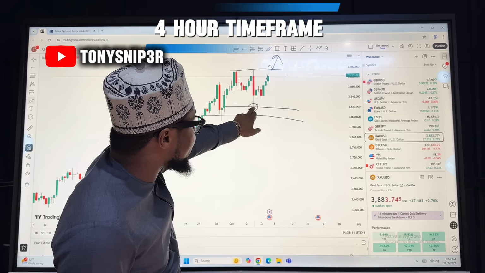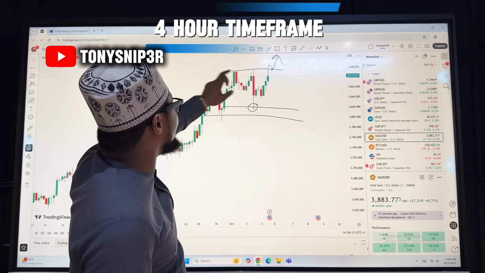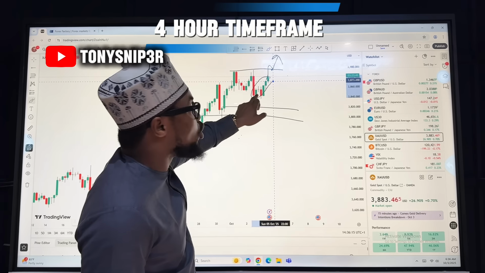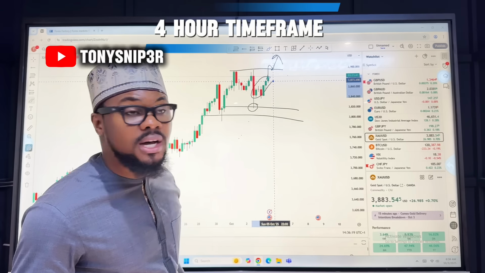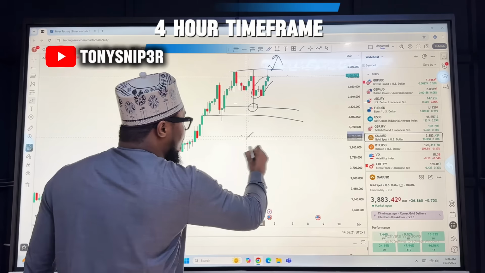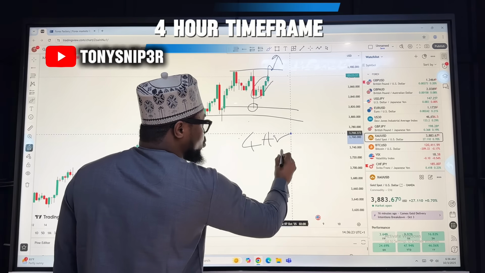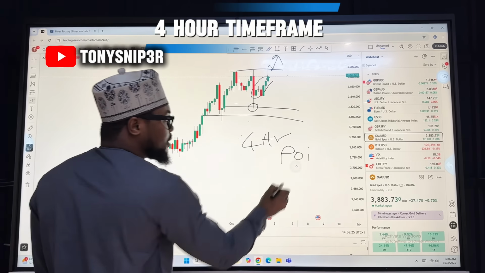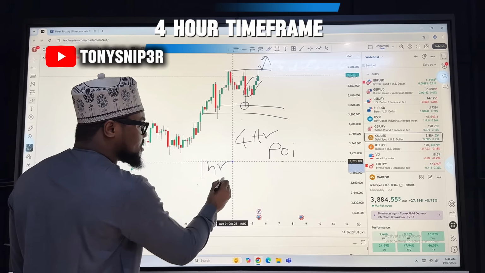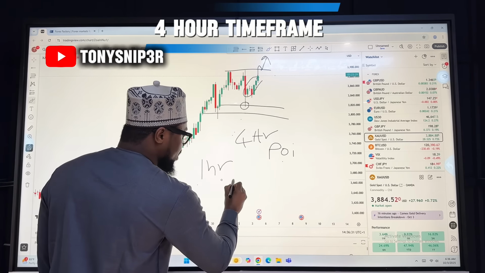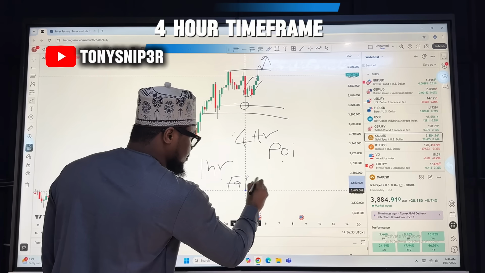If you did not buy here from your 4 hour, then you bought this formation on your 1 hour, then you go back to 15 minutes to buy what? The inverse head and shoulder. Now, on the 4 hour, what did we see? We saw POI, right? On your 1 hour, what did we see? We saw a false wedge.